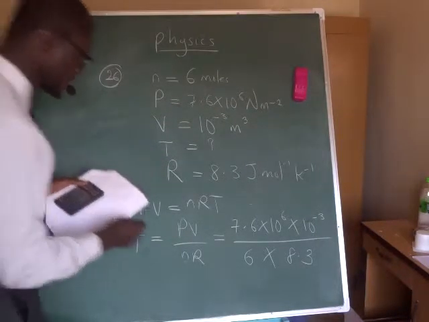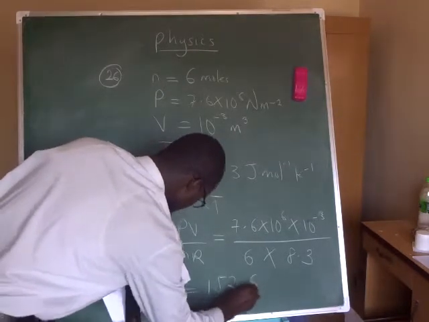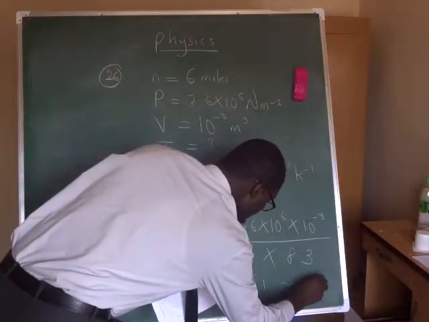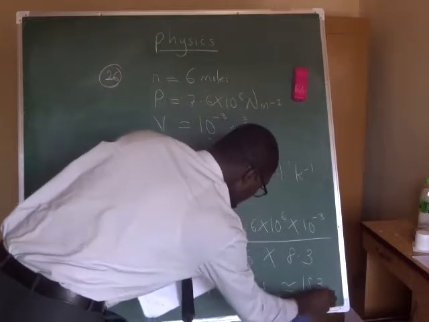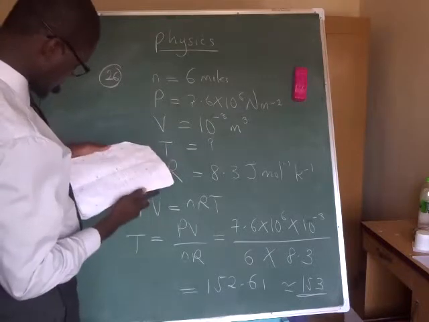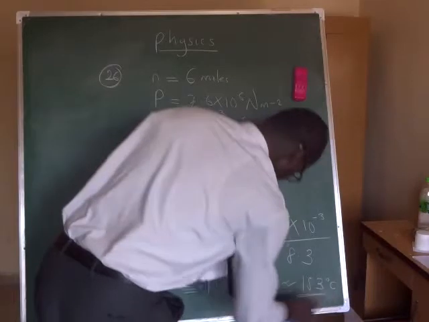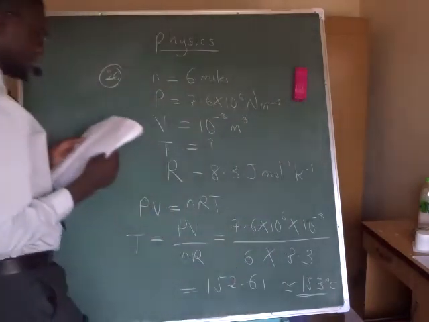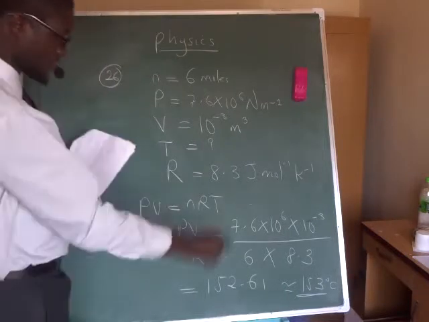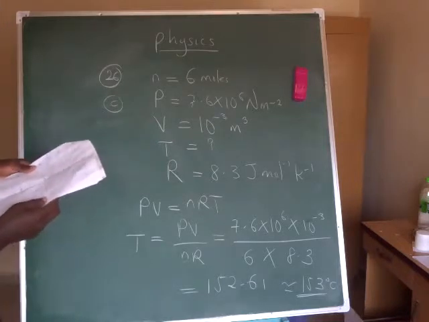So I have 152.61, so approximately 153. So 153 degrees Celsius. That is option B. Sorry, option C. So my answer to question 26 is option C, 153 degrees Celsius.